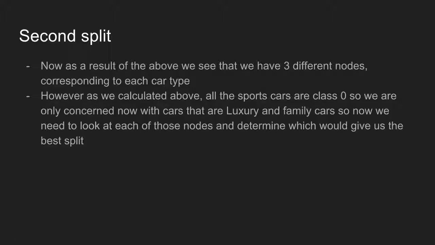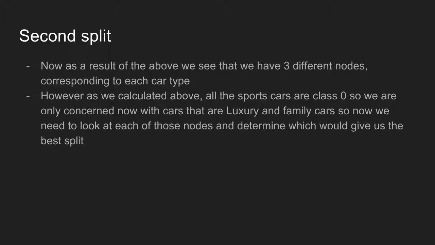So now as a result of the above, we see we have 3 different nodes. All the sports cars are class 0, and I also forgot family car, so let me write that out better. Family car, luxury car, sports car.